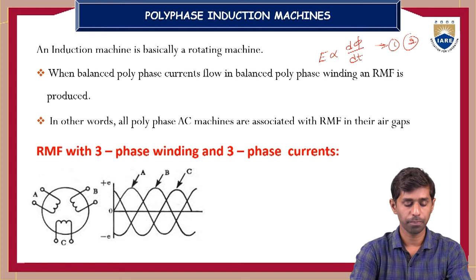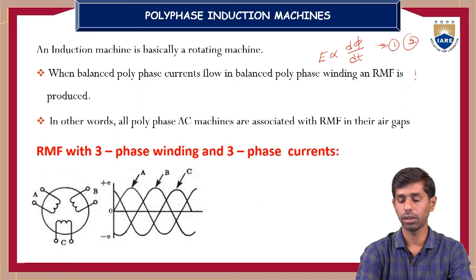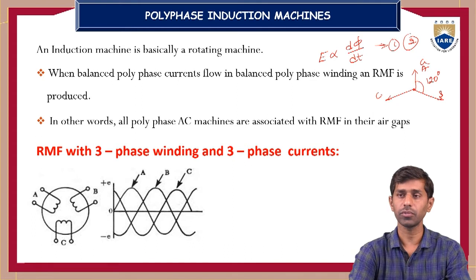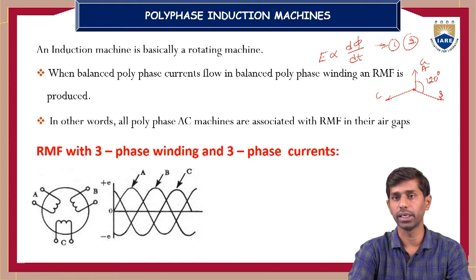In this case, a balanced three-phase supply is connected to star connected three-phase windings. The windings are each 120 degrees apart. Let them be A phase, B phase, and C phase, which are spatially 120 degrees apart.